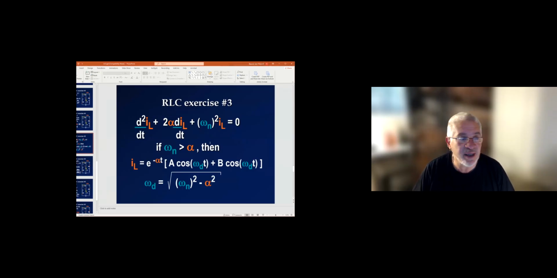It's an underdamped example, and we can write the solution, again, I know this may be a stretch for you, as e to the minus alpha t multiplied by a cosine omega d t, and omega d, by the way, is the square root of omega n squared minus alpha squared. It's going to be 0.85, plus b sine omega d t.